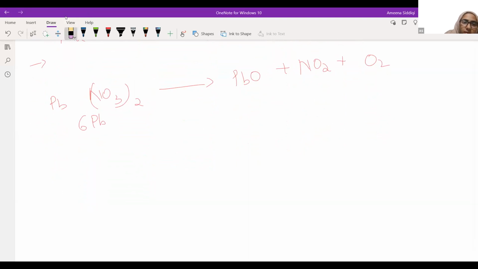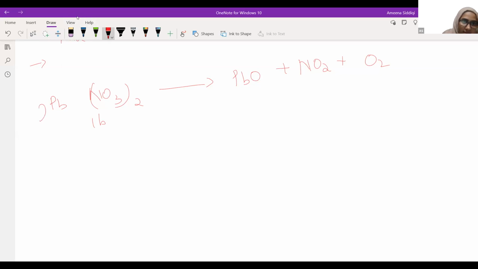Afrin, can you just try this equation, beta? I got 2 Pb(NO3)2 equals 2 PbO plus NO2 plus O2. Very good, but you just missed one thing. It will be 4NO2. Just check it. Can it be 4NO2? But N is only 1. See, if you are saying it's 2, just a second.